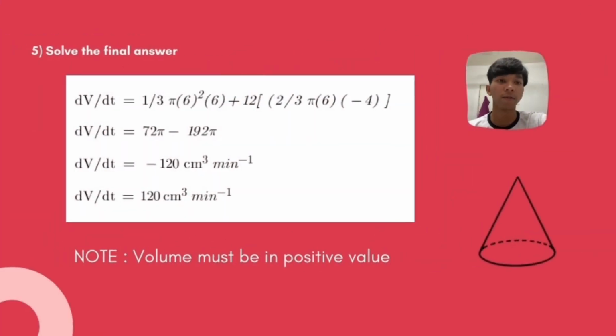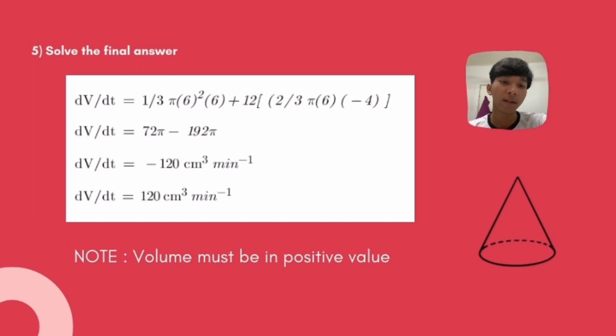And for the final step, we have to solve for the final answer, which is dV/dt equals 1/3 pi 6 squared multiplied by 6 plus 12 multiplied by 2/3 pi 6 multiplied by negative 4.